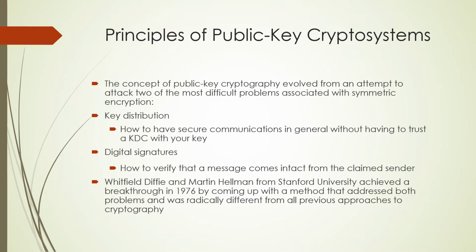But in 1976, Diffie and Hellman from Stanford University achieved a breakthrough that was completely different from the previous approaches in cryptography. They came up with a solution to digital signatures and key distribution that was very important.